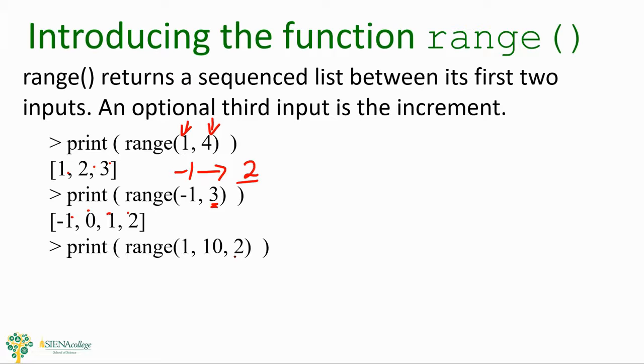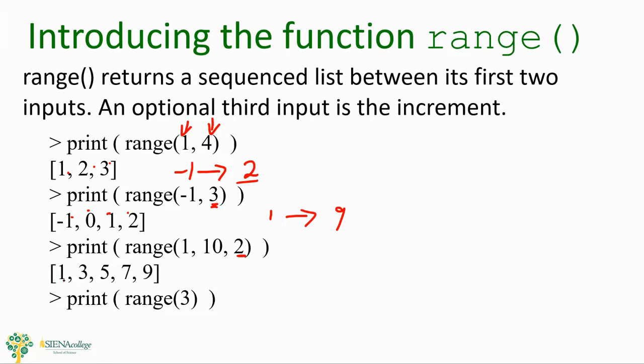If we use the optional third parameter, we then tell it how many to skip by. So we're going to start with the number 1, and we're going to go up to the number 9 by 2s. So we're going to get 1, 3, 5, 7, and 9.